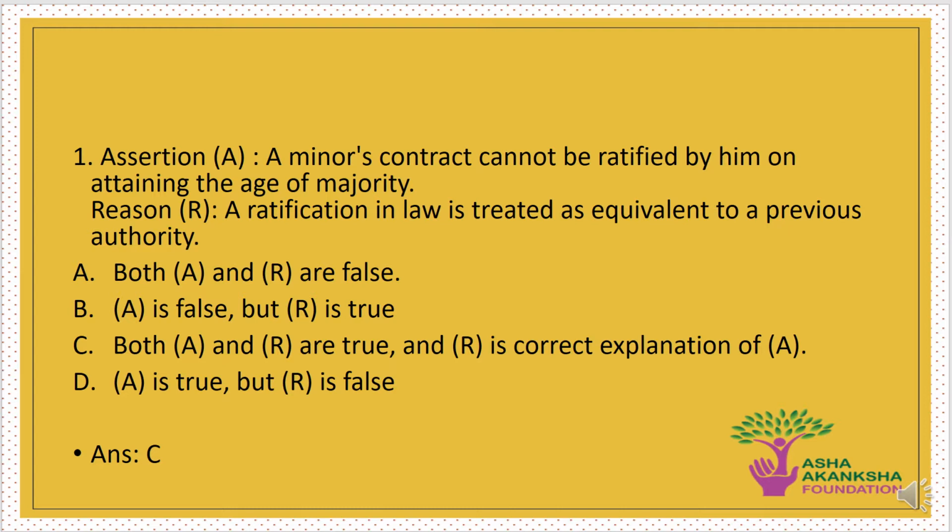The options are A. Both assertion and reason are false. B. The assertion is false but the reason is true. C. Both assertion and reason are true and reason is a correct explanation of assertion. And D. Assertion is true but the reason is false.